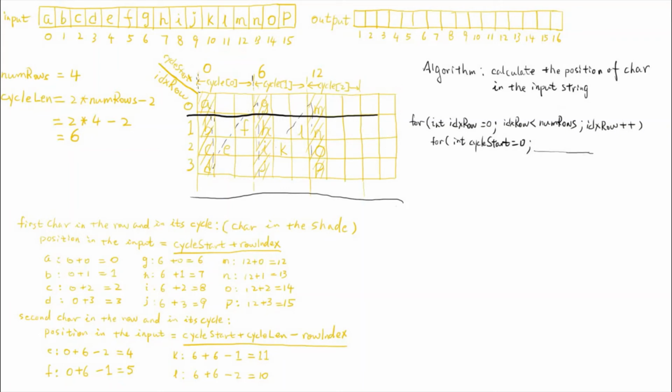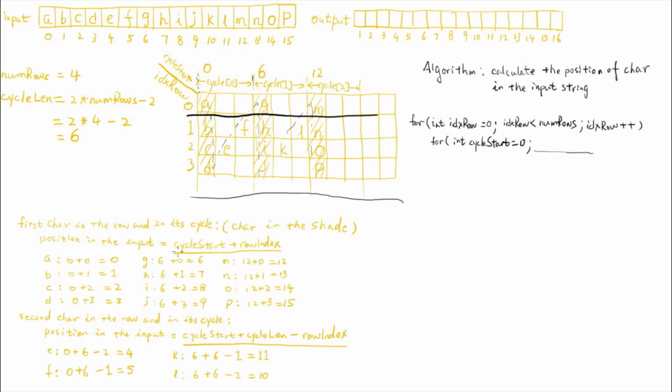In each row and in each cycle, it always starts with the character in the shade. For example, in the row 0 and the cycle 0, the starting character A is in the shade. And also in the row 0, cycle start 6, the first character is G and is in the shade.